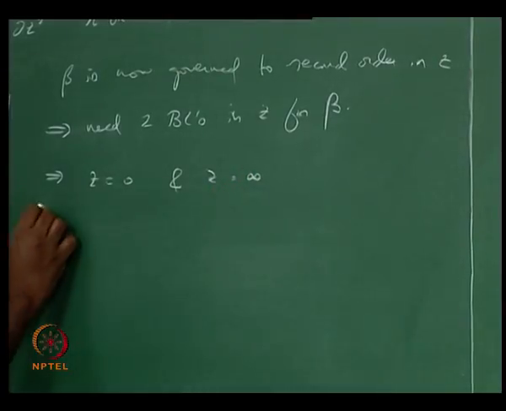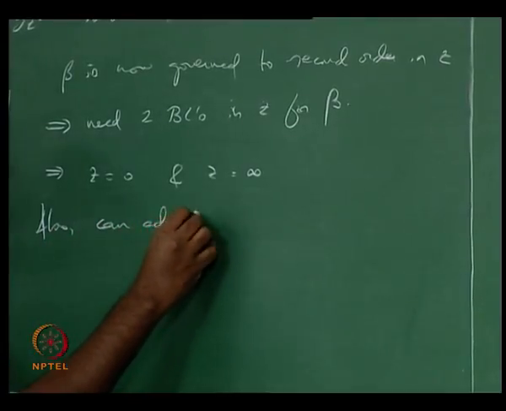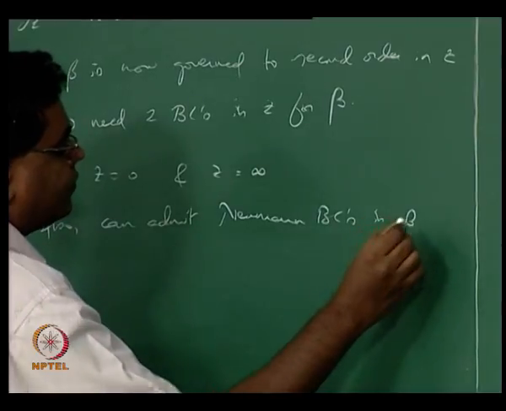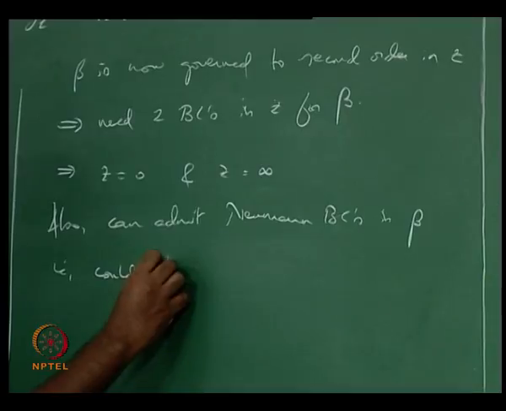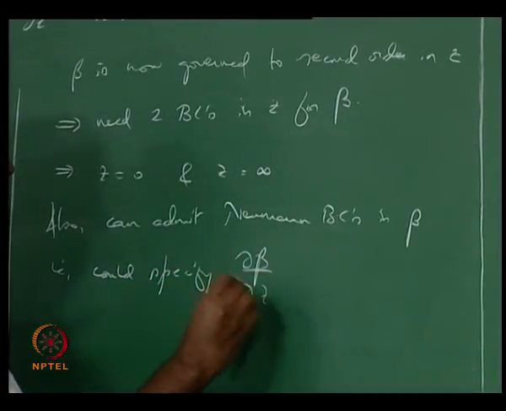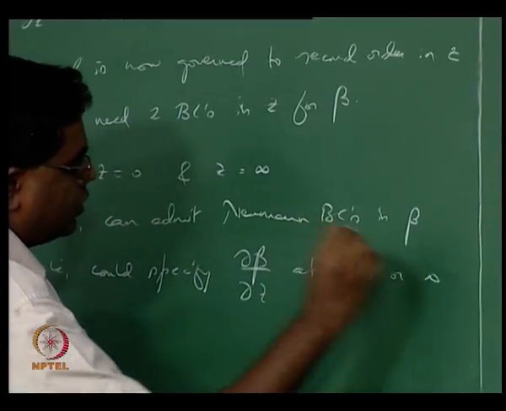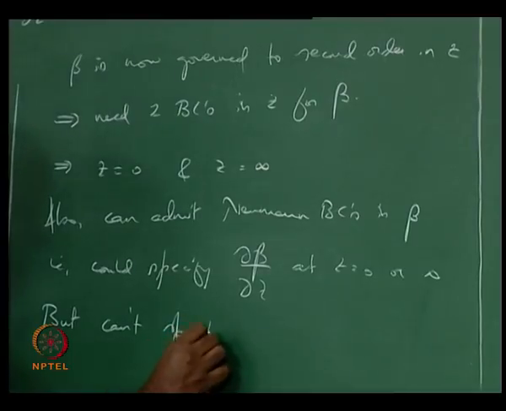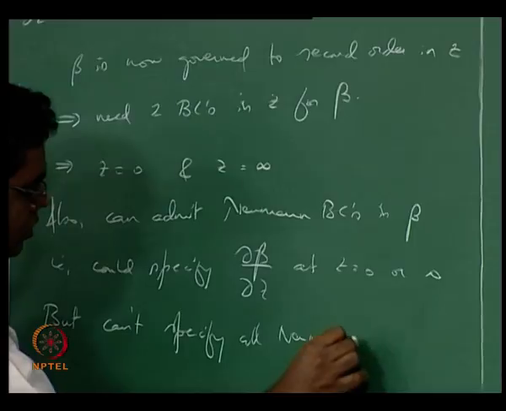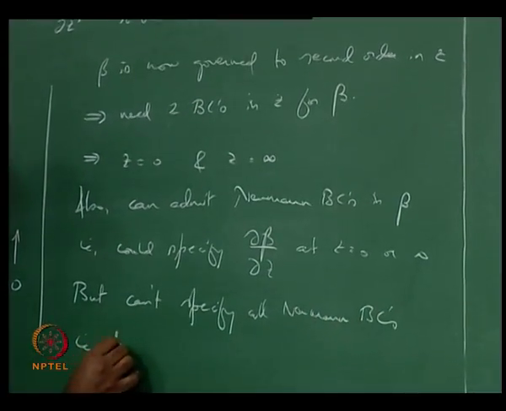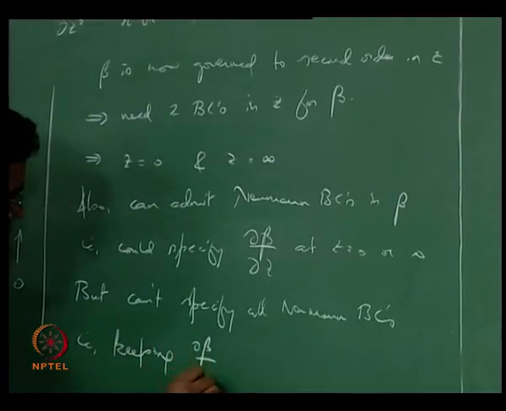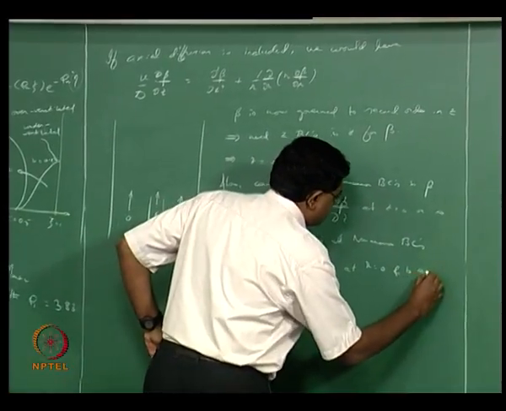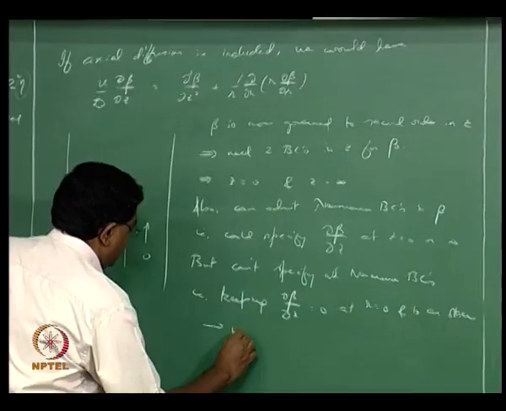It can also admit Neumann BCs in beta, that is, we could specify dou beta by dou z at z equal to 0 or infinity, but we can't specify all Neumann BCs, that is, keeping dou beta by dou r equal to 0 at r equal to 0 and b as others, because this would lead to a non-unique solution.